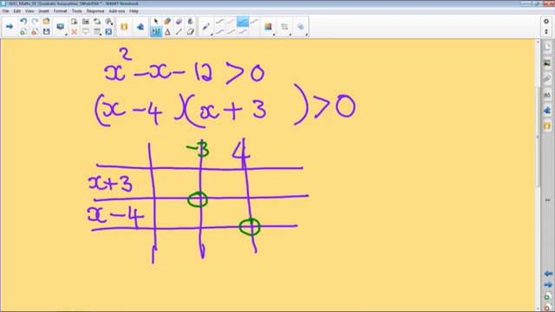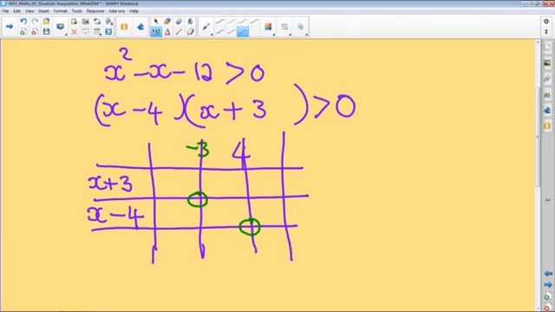Now, what were you doing here? I'm taking numbers greater than 4 and then substituting. A very interesting thing happens here. If you substitute numbers after the zeros, it's always going to be positive, and before the zeros, that's going to be negative. Let's just check, if you keep your unknown positive.